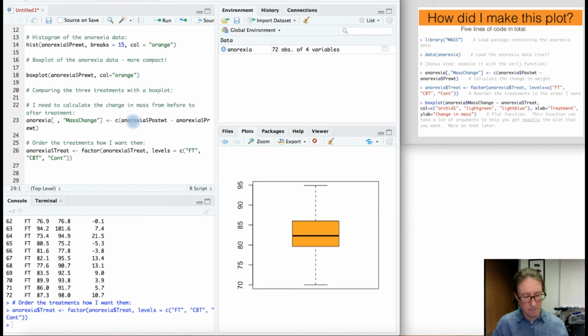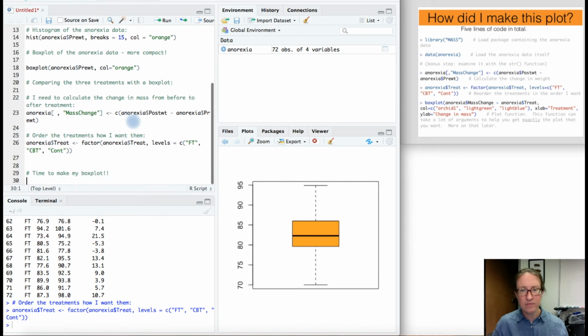And now time to make my box plot. For this, I will use the boxplot function. I want to examine the mass change, and the argument I need to provide is the y axis and then the x-axis.